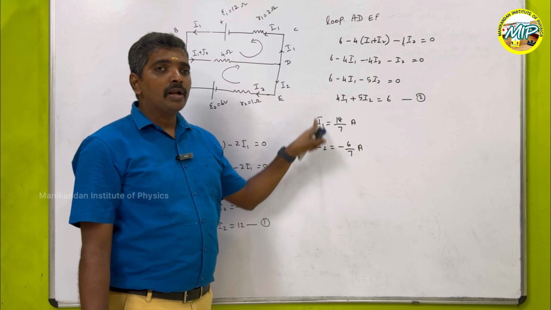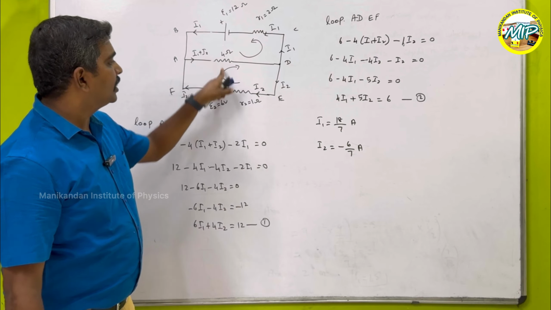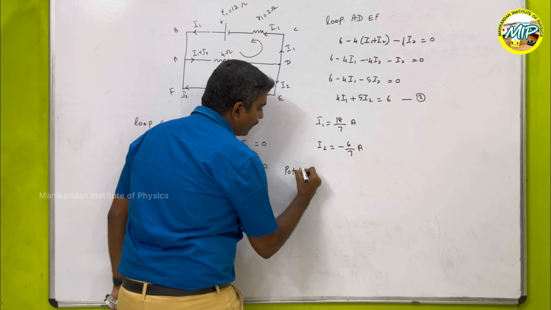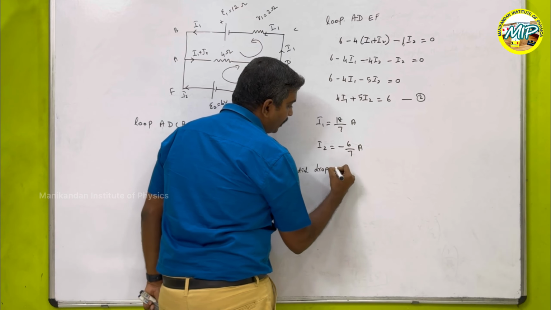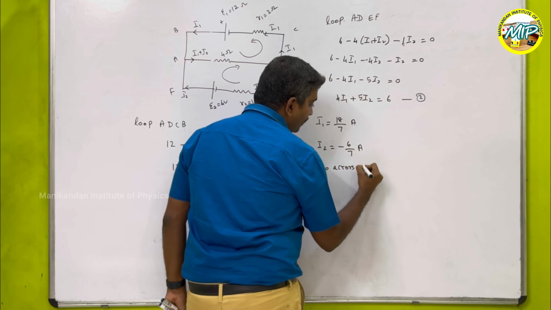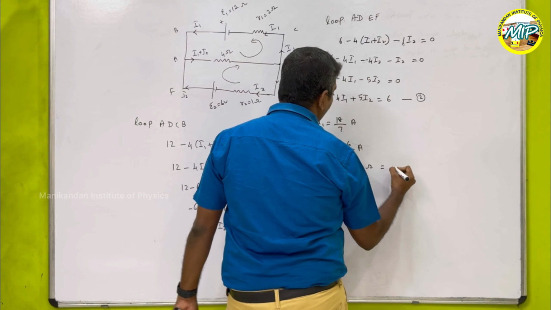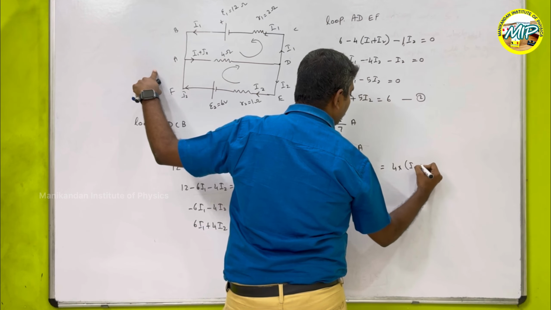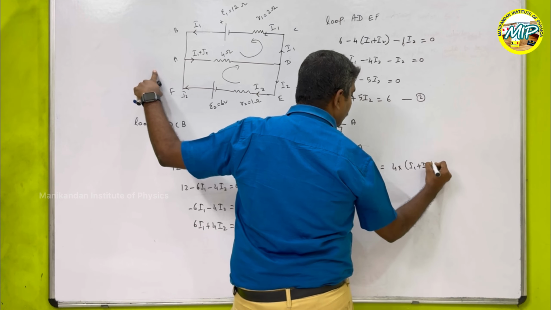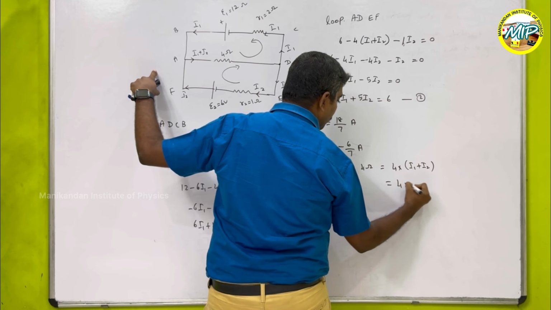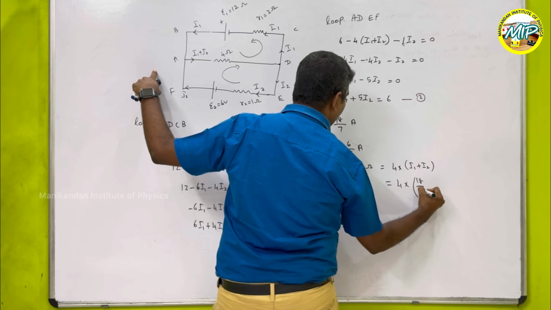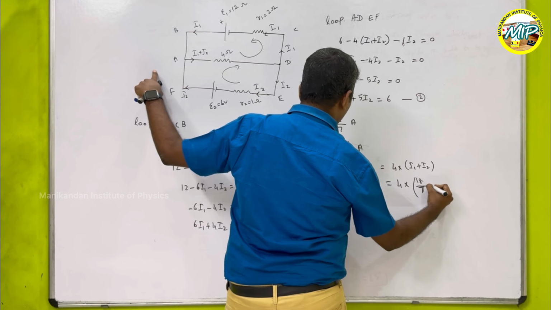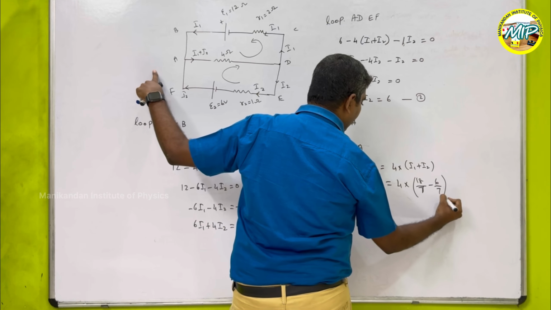Using this I1 and I2, I can find the potential drop across my 4 ohm resistor. The potential drop across the 4 ohm resistor is 4 times (I1 plus I2), which is 4 times (18 by 7 minus 6 by 7).